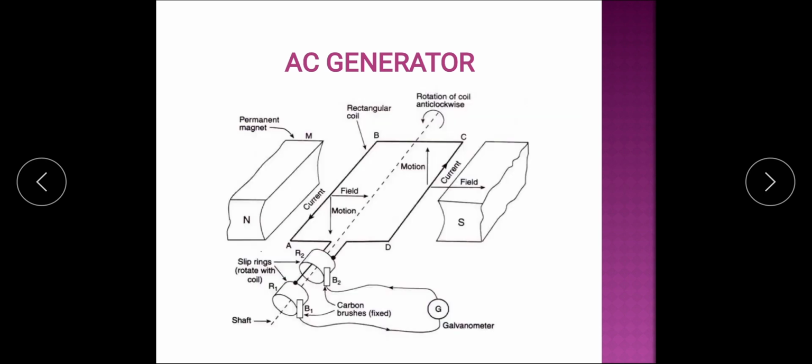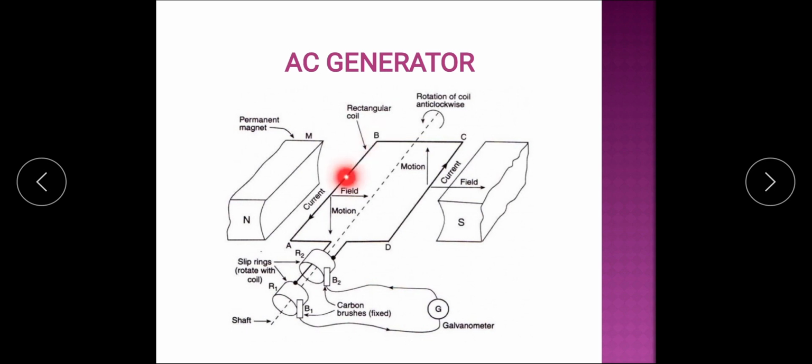Let us see the construction of a typical AC generator. As you can see in the figure, it consists of a rectangular coil ABCD which is kept in a strong magnetic field of permanent magnets. The magnetic field is directed from the north towards the south pole of the magnet.